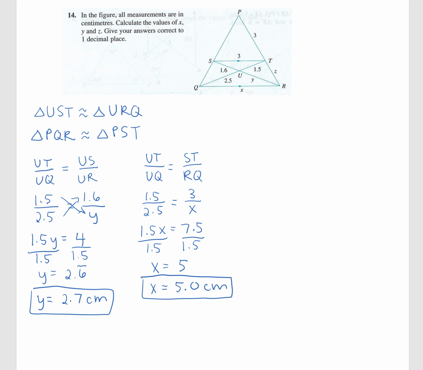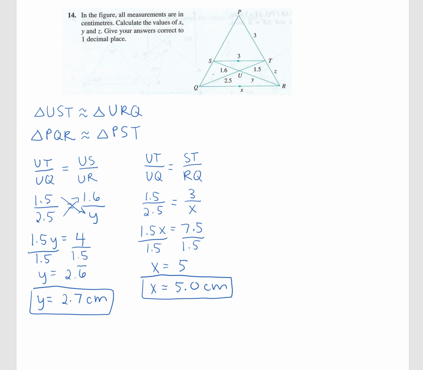All right, so now we just need to find Z, and in this case we're going to use our other set of similar triangles. What we want to do is write a ratio of this side to this side, because we don't know the lengths of this side of the triangle, so we can't use that.